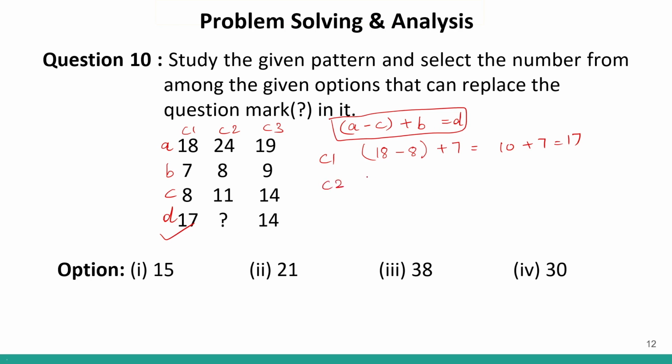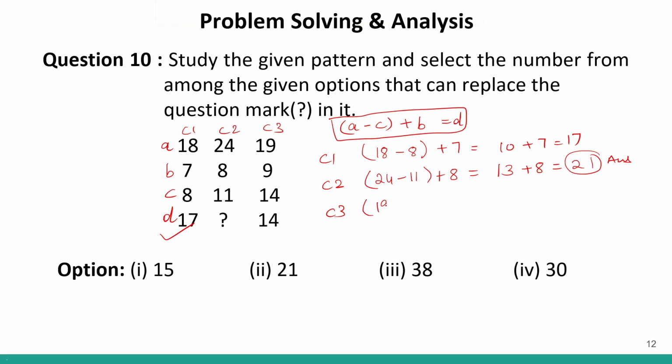For column 2, 24 minus 11 plus 8 will give me how much? This will be 13. So 13 plus 8 is 21. Correct? So the answer will be 21, but let us confirm it by column number 3.